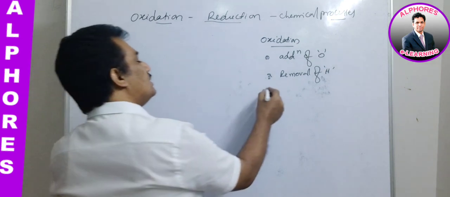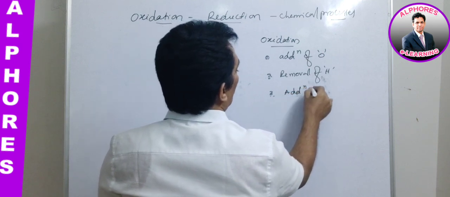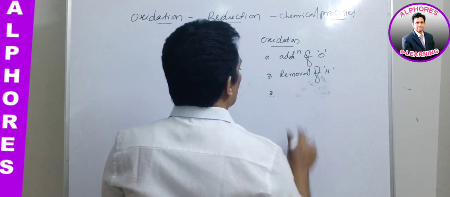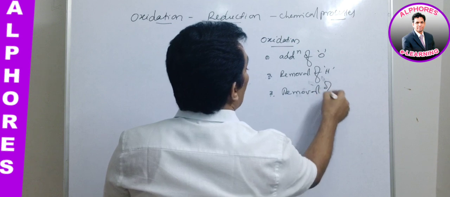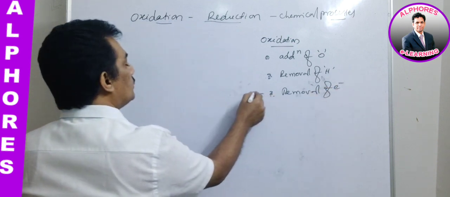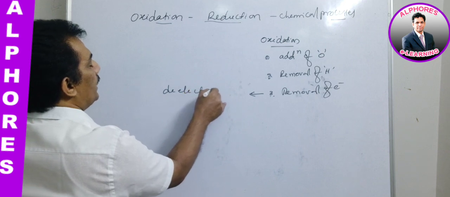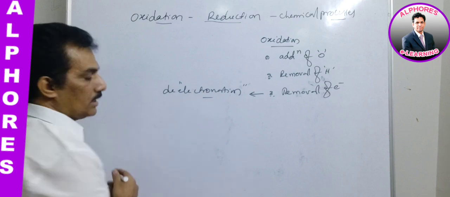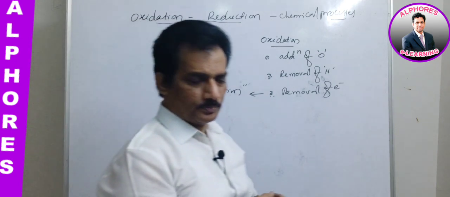And one more definition is removal of electron. This is also known as de-electronation. Remember, electronation is addition of electron, and de-electronation is removal of electron.